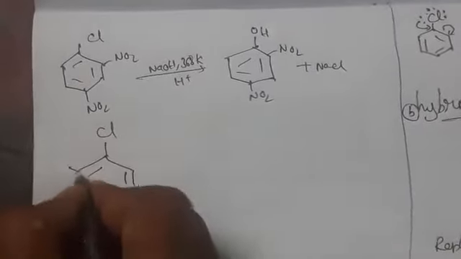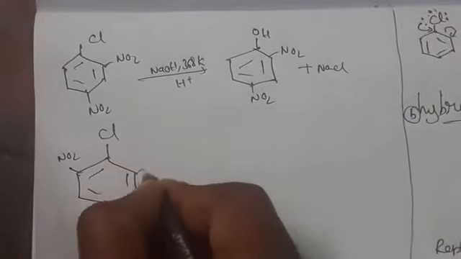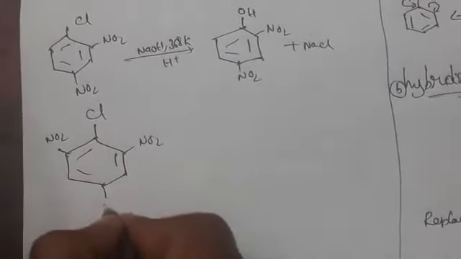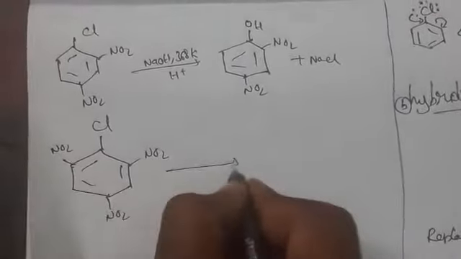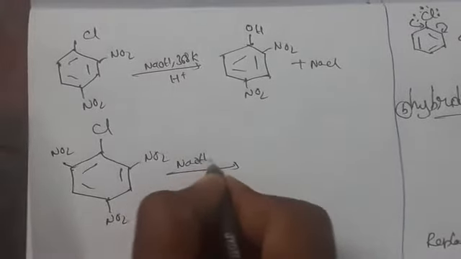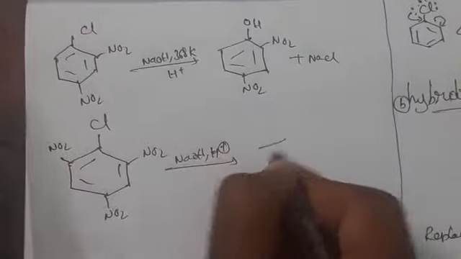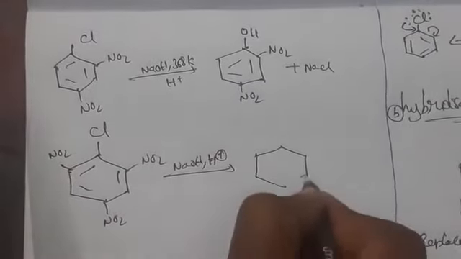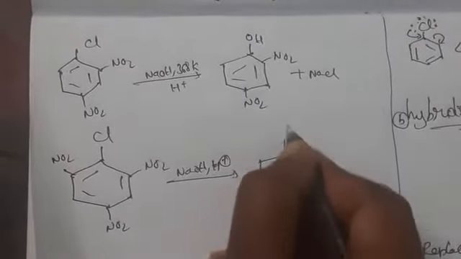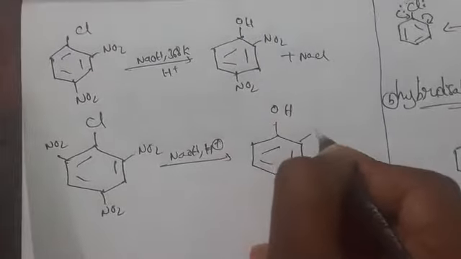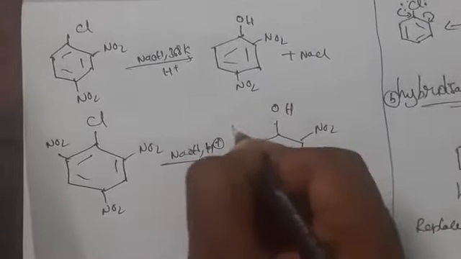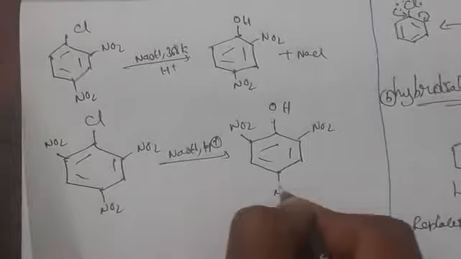At another position again, if we take Cl with three NO2 groups, again NaOH, then H plus, we are going to get OH with NO2, NO2 and NO2.